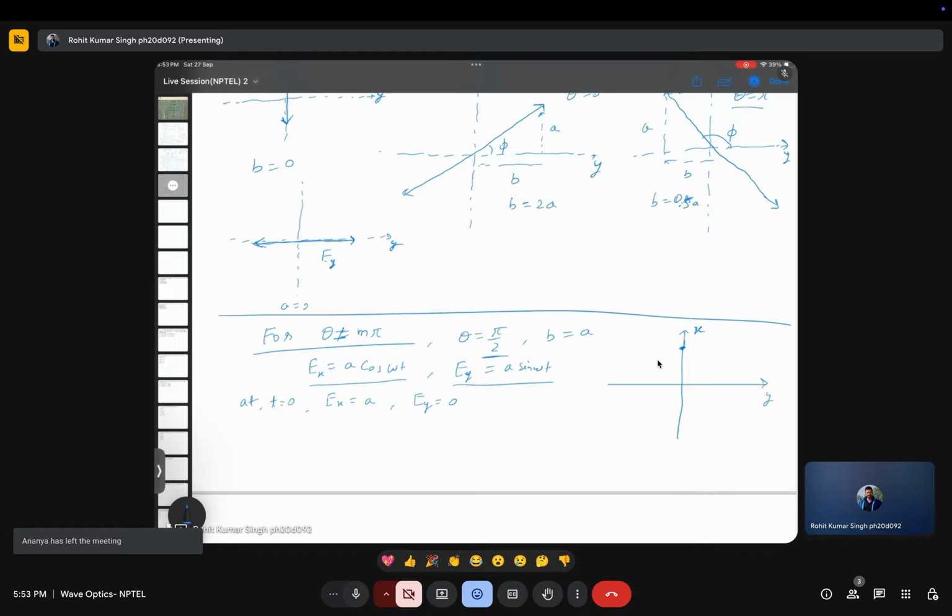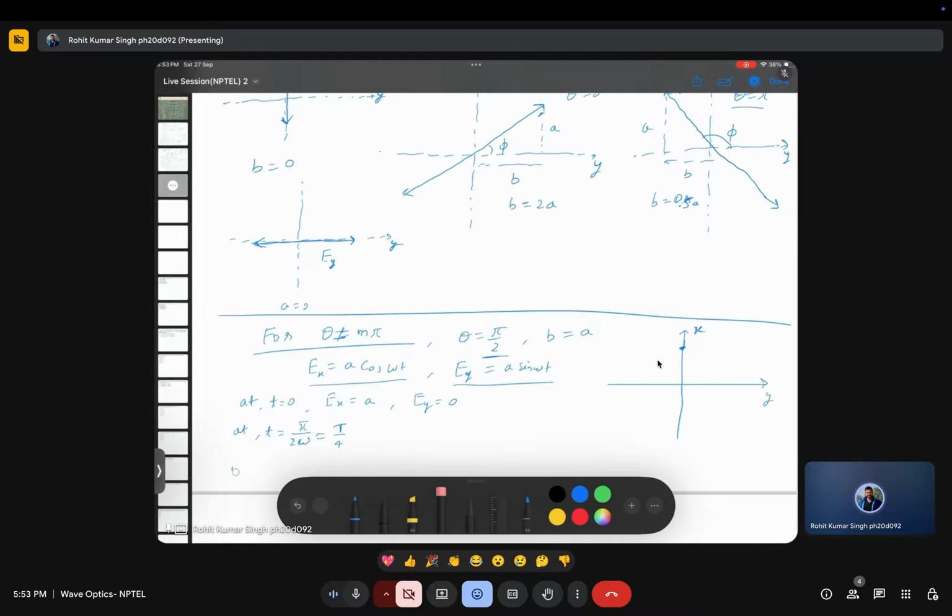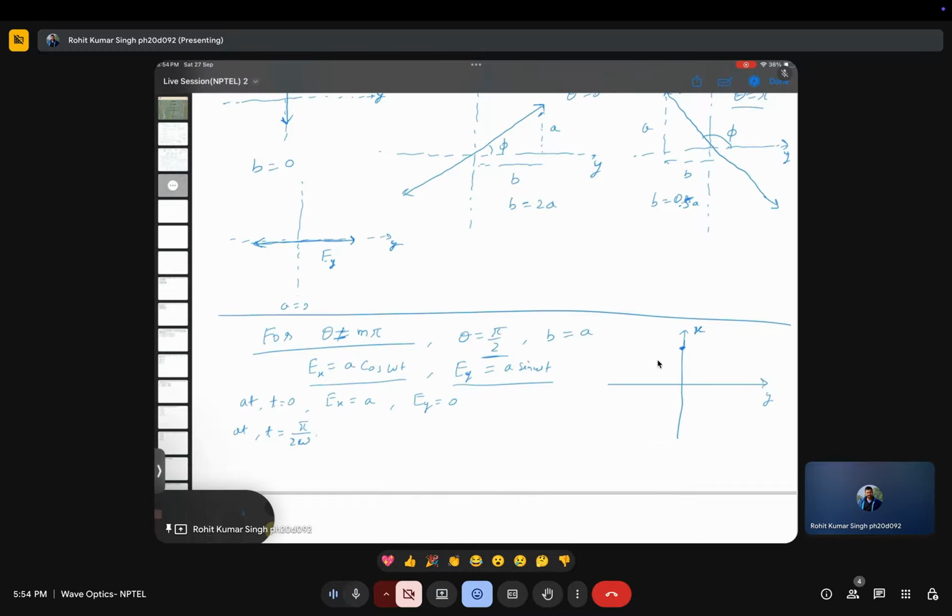Now let's go to another time, t equal to pi by 2 omega. Pi by 2 omega is basically time period by 4, since omega is equal to 2 pi by T. So that's why we are taking this time, 1/4 of the time period.